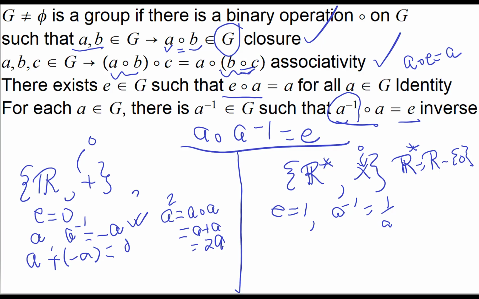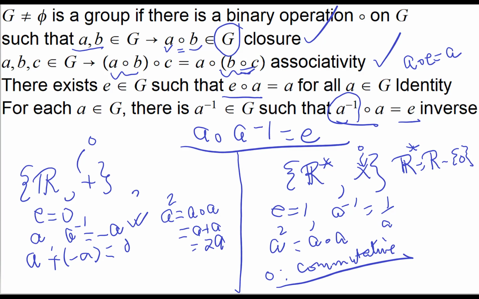But here a square is the same as usual, a o a, the way you are used to. Okay, and then you also had situations in which this o may be commutative or not commutative, right? In both these cases, multiplication of real numbers and addition of real numbers, they are commutative.